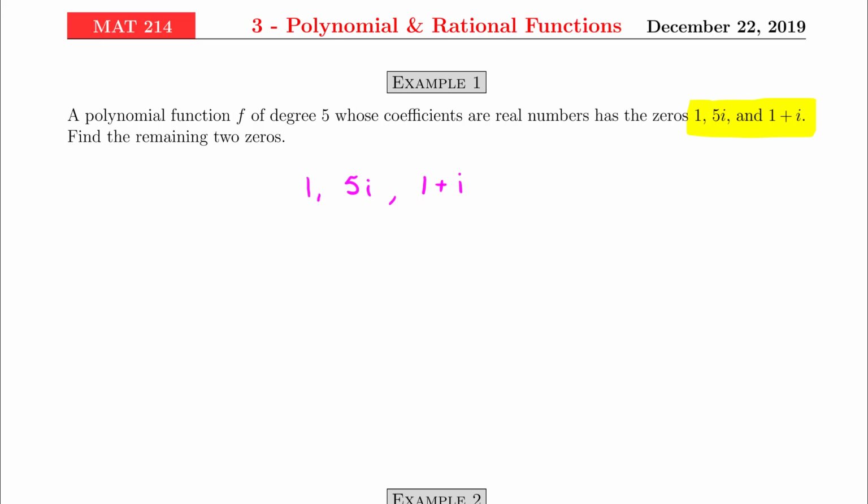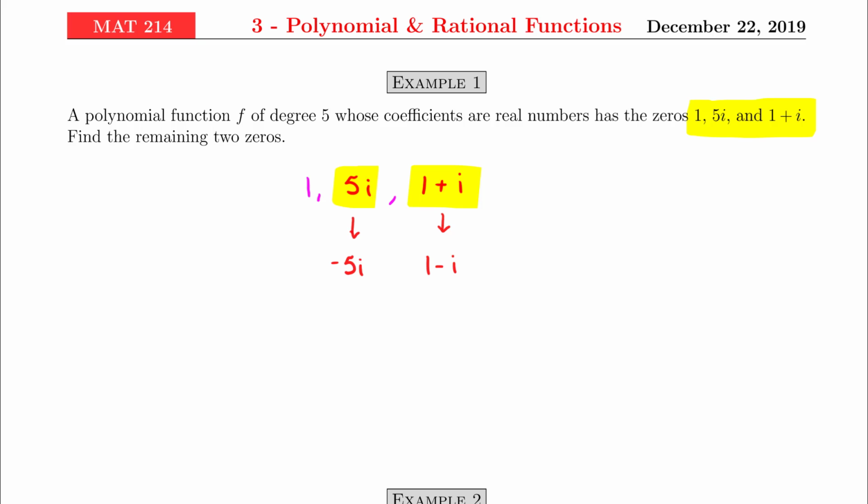Here are the zeros that we know. We can clearly see from this list that 5i and 1 plus i are complex. So their conjugates also have to be zeros of the polynomial. Complex zeros occur in conjugate pairs. So the conjugate of 5i is negative 5i, and the conjugate of 1 plus i is 1 minus i.